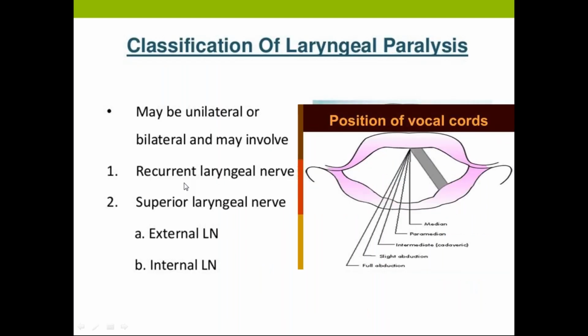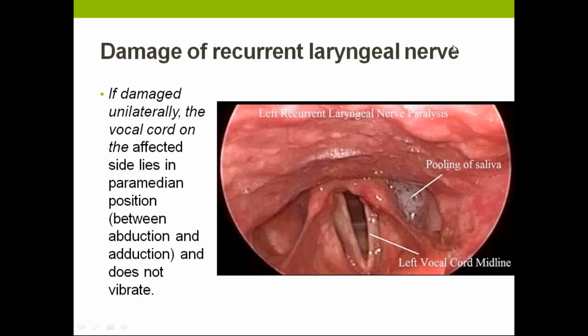Next we'll go on to laryngeal paralysis. This is more important. The classification of laryngeal paralysis is divided into unilateral or bilateral, and it may involve either the recurrent laryngeal nerve or the superior laryngeal nerve. First we'll see unilateral damage of the recurrent laryngeal nerve.